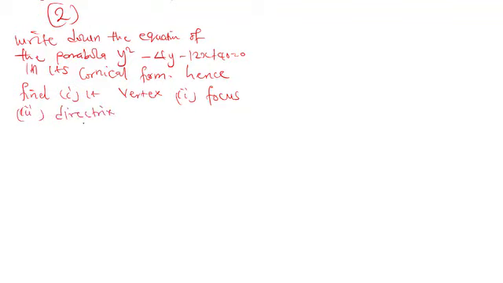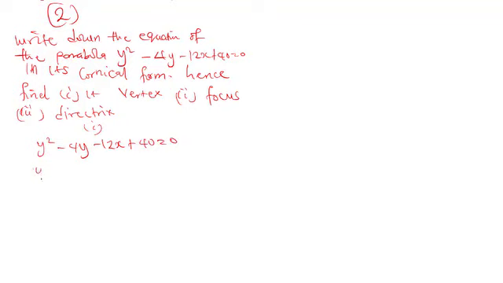In finding this, let's start from the first one. They say we should write it in its conical form. In presenting it in its conical form, you use the method of completing the square. Then we bring down our equation: y squared minus 4y minus 12x plus 40 equals 0. Now let's apply the method of completing the square.